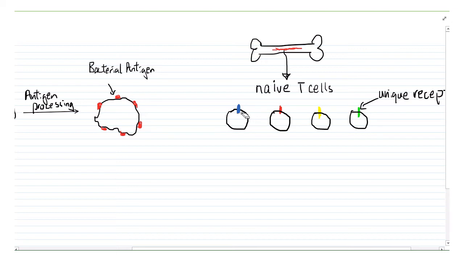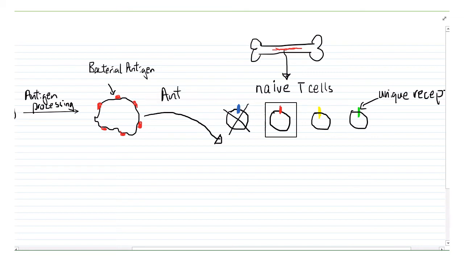Well, because this naive T cell has the blue receptor and it's not suitable for what we are currently having an infection from, this one is not going to help. Okay, and then it's gonna show it to the next one, and because it has the same receptor, this will be the chosen one.